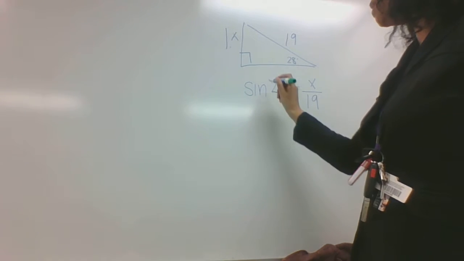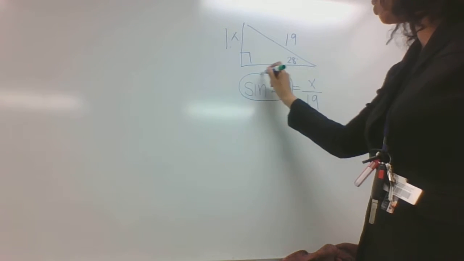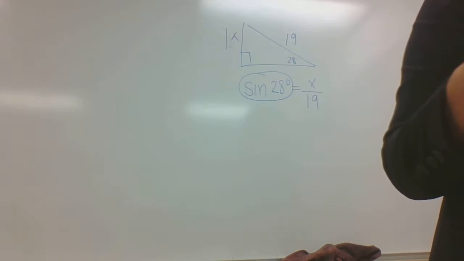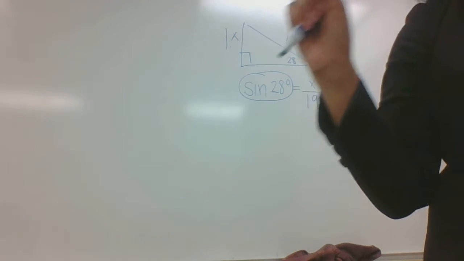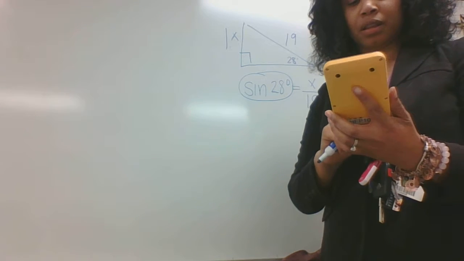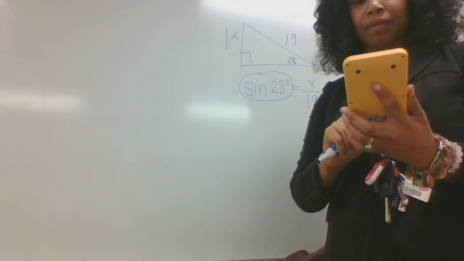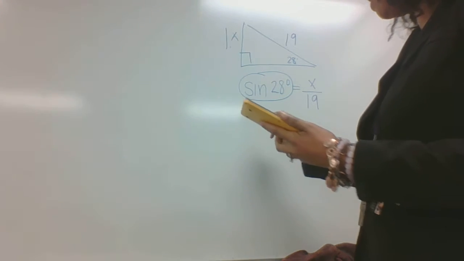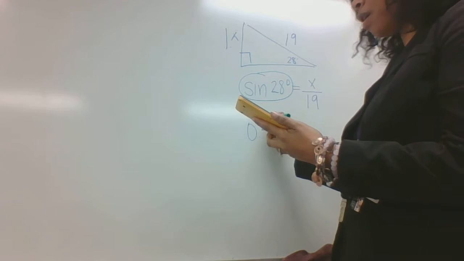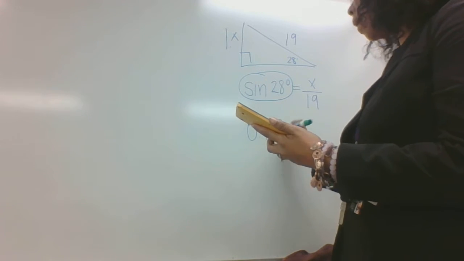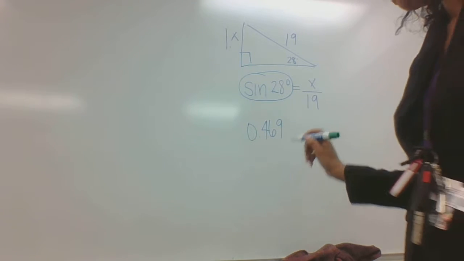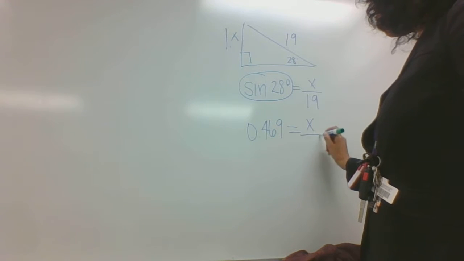Okay, so the first thing I need to do is find the value of sine of 28. We're not using the inverse, guys. You're just going to put sine of 28 in your calculator. And sine of 28 is what? 0.469, correct? 0.469 equals x over 19.